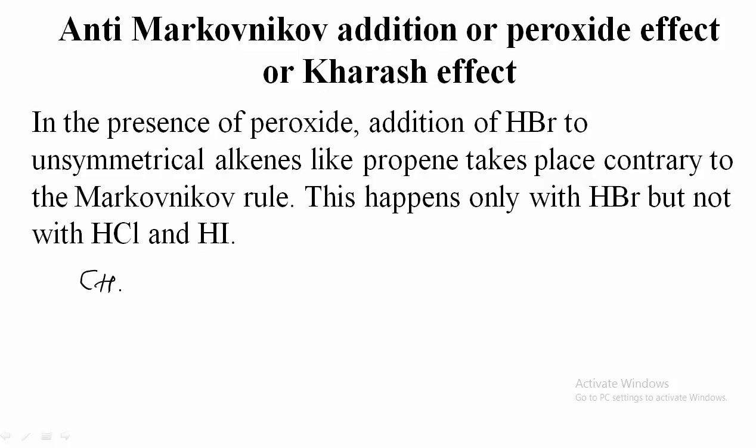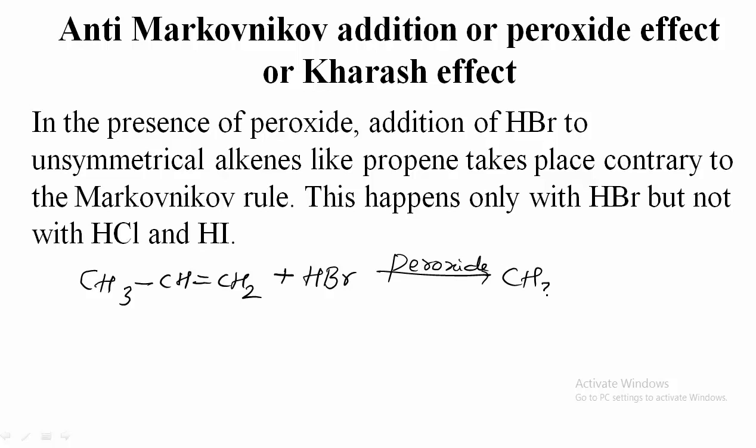When we consider propene, that is CH3-CH=CH2, it is an unsymmetrical alkene. If we add HBr to this alkene in the presence of peroxide, then the major product that will be formed is CH3-CH2-CH2Br, that is 1-bromopropane.